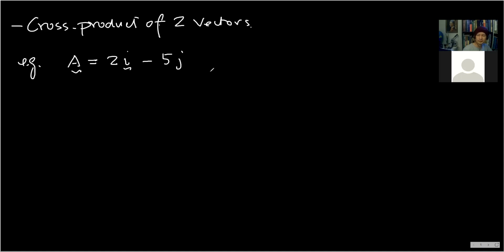Okay, this starts from 2D first. And the B vector is just 3i plus 4j. Can you work out the cross product of A cross product B? Do you want to try?